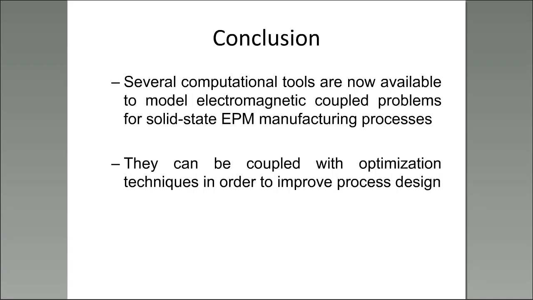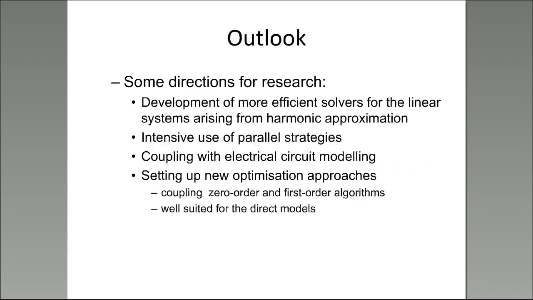And those tools can now be coupled with optimization techniques in order to improve process design. So I would say some directions for research which I believe are interesting. First of all, to develop more efficient solvers for linear systems arising from harmonic approximation.